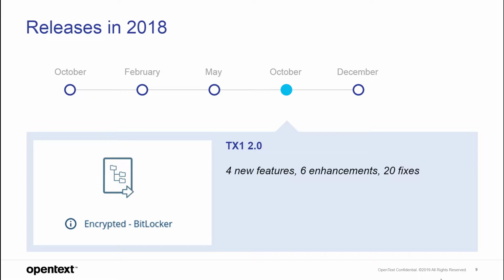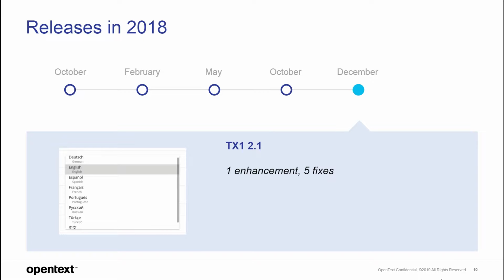And since 2.0, we've also released 2.1 recently, and even as I speak, QA is working on a patch update called 2.1.1, which you'll be seeing very, very soon. We're constantly finding ways to make TX1 better, and in fact, we already have 2.2 in active development, and it's scheduled for an April release. So, lots of work making your TX1 better every quarter.